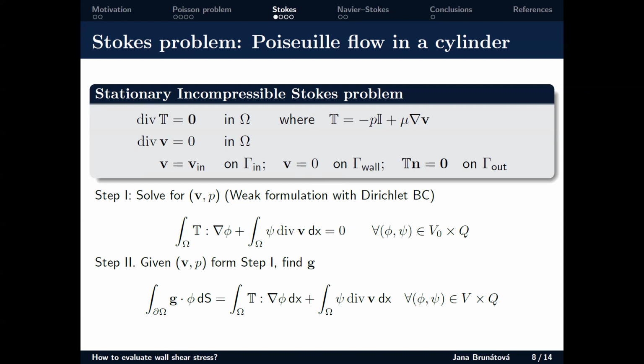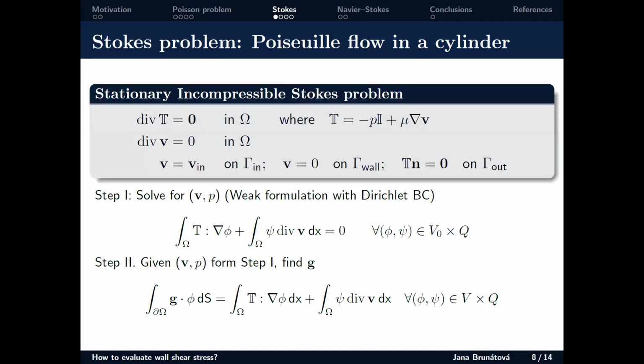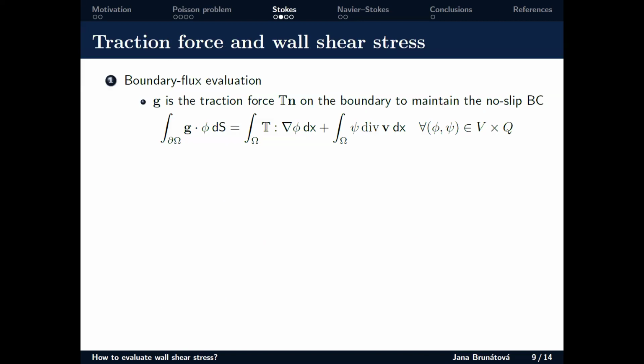the flux over the boundary. And now we can realize what G is in this problem. T, of course, is the Cauchy stress tensor. And Tn is the traction force that acts on the boundary. So in fact, the boundary flux that we seek is the traction force for this problem. And then we realized that wall shear stress is the tangential part of the traction force.